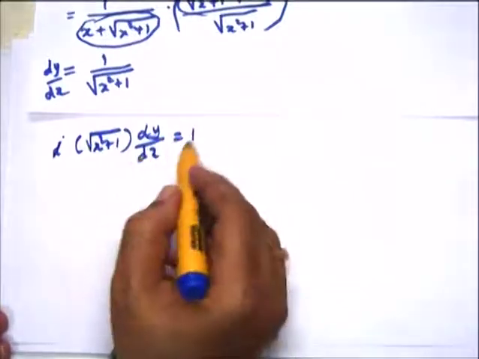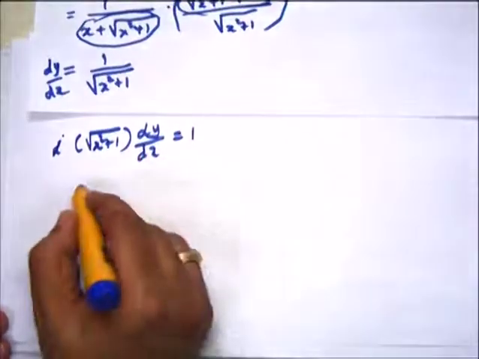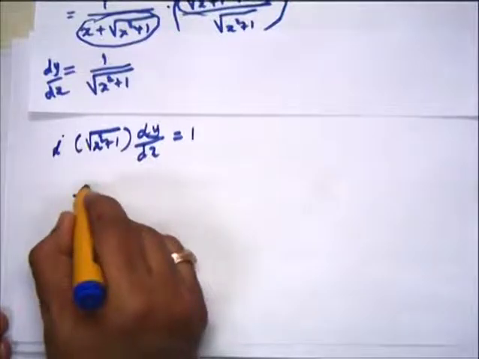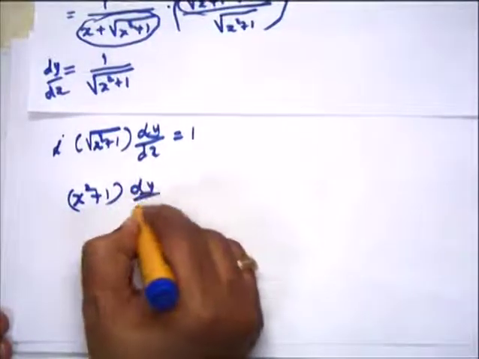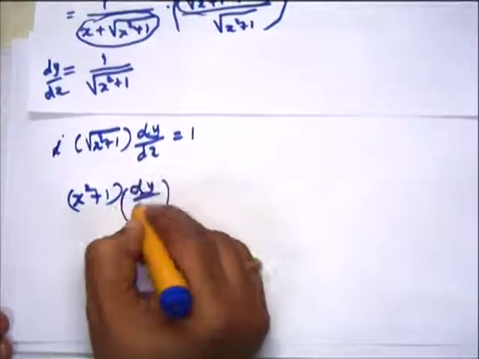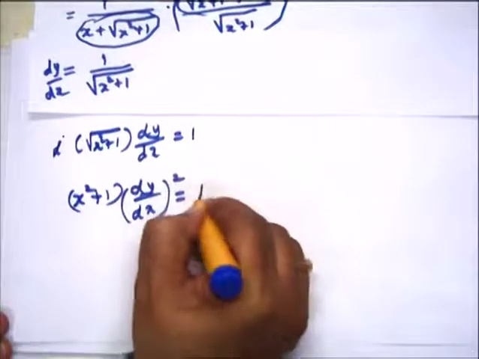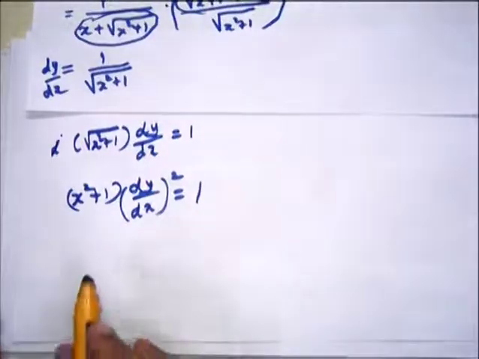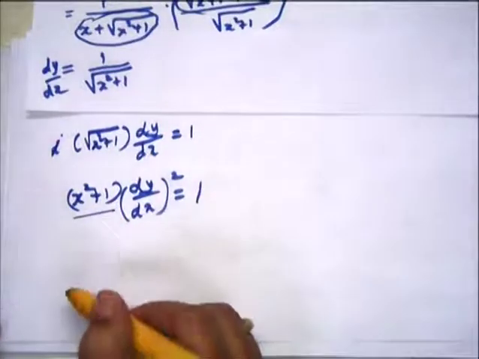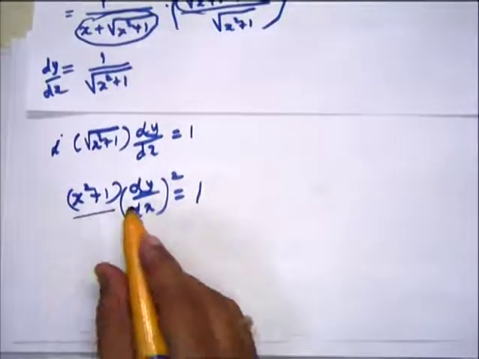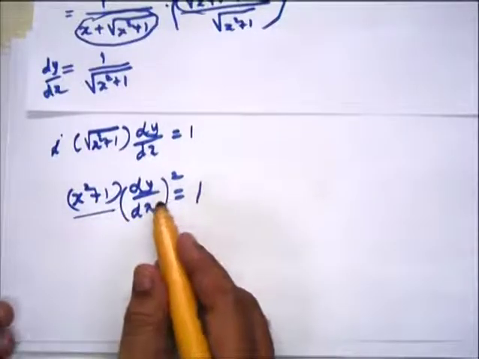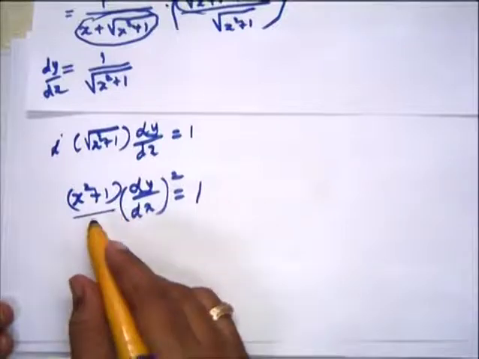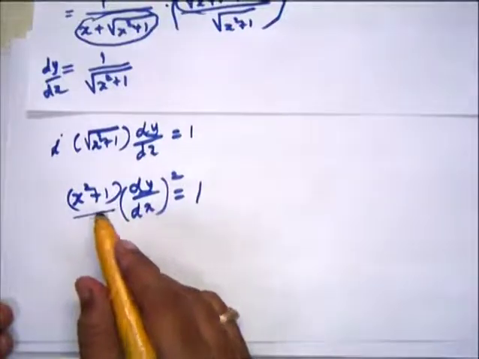Now if we square it, we have x square plus 1 into dy by dx whole square is equal to 1 square, that is 1. So exactly what we need is x square plus 1, so we have taken the square, so it is better to differentiate this function. Now let us differentiate.